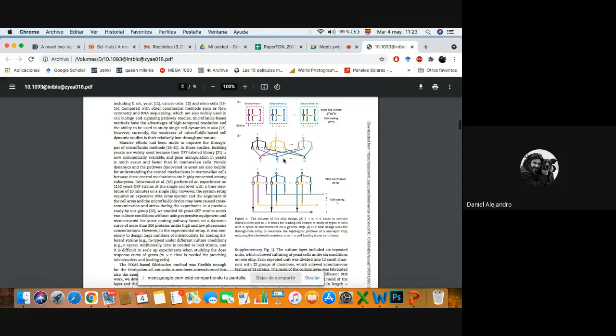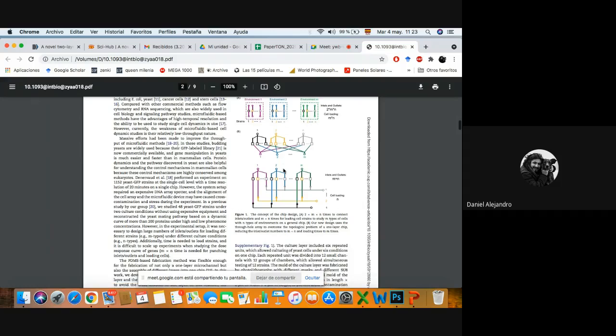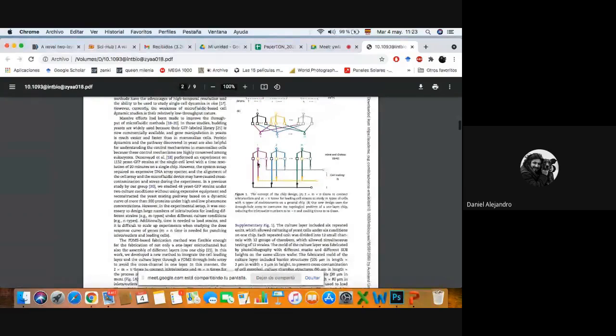Here n is the number of the strains, and m is the number of the conditions. Here we can see all the strains with all the conditions.